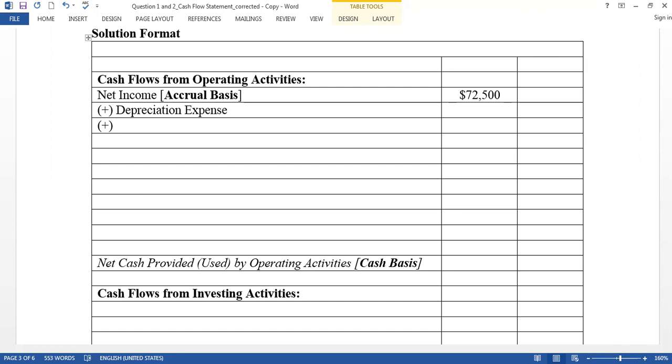We also have to add back non-cash loss, and we have to deduct non-cash gain. So we have to read the question to see whether we have these three items. If we have any depreciation expense, we add it back. If we have any non-cash loss, we add it back. If we have any non-cash gain, we deduct it from this accrual basis net income, right?